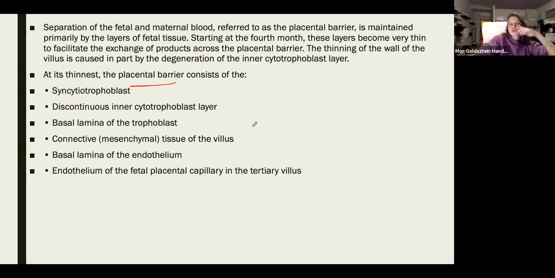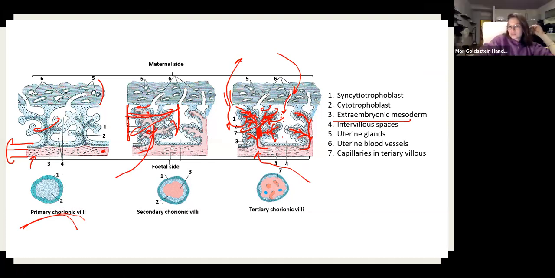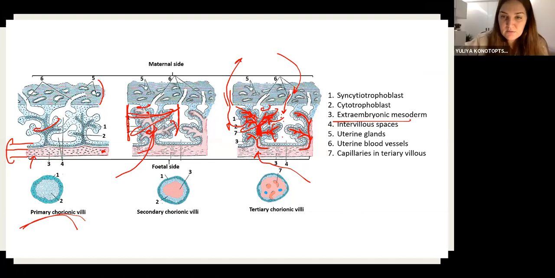So from the moment there is a blood vessel, there is endothelial cells, actually? No, it's not an endothelial cell here, it's the intravillus space. It's filled with mom's blood here. Okay. On this side, in the villus, there is the fetal blood. And between them, we have different layers.